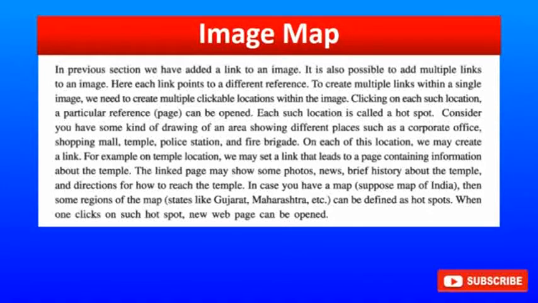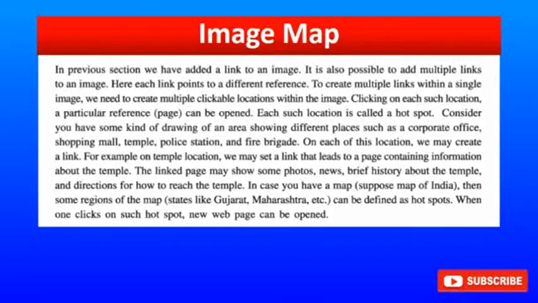And if the person clicks anywhere in the area of the map where Gujarat state is, then another web page displaying the information of Gujarat will be displayed, and exactly the same for all other states. So how to create that thing we are going to learn right now.